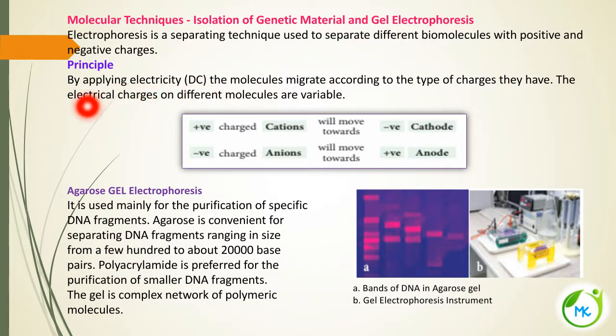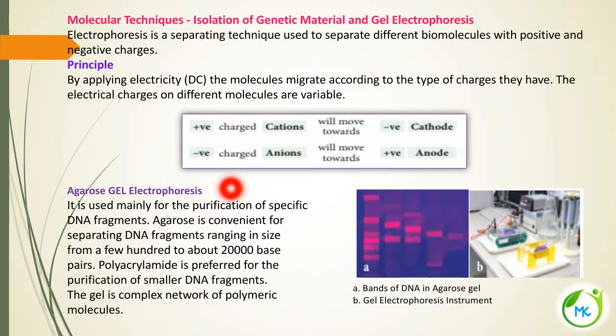The principle behind this technique is that by applying electricity, the molecules start migrating according to the type of charge they have. The electrical charges on different molecules are variable. The positively charged particle, the cation, will move towards the negatively charged cathode, and negatively charged anions will move towards the positively charged electrode, the anode.